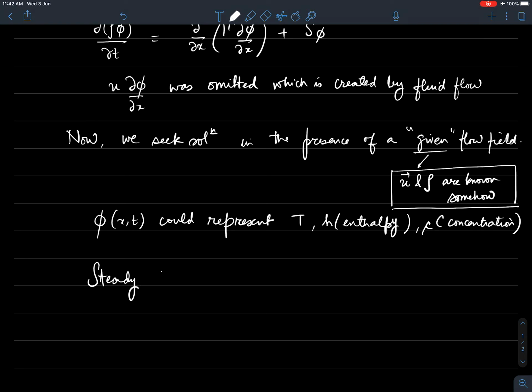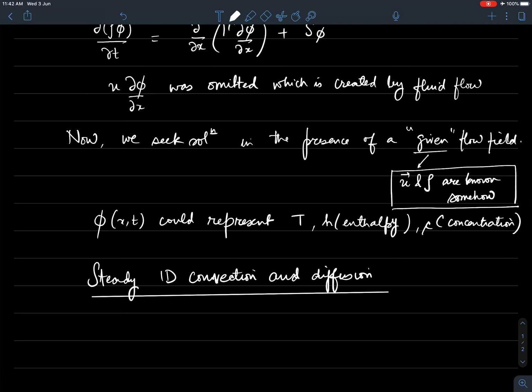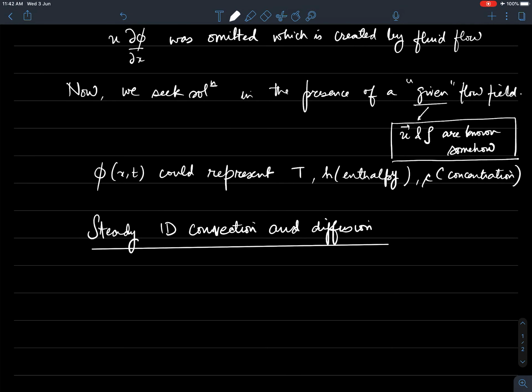So what we'll do is we'll start with a steady 1D convection and diffusion scenario, and let's consider that in this 1D situation we have the source term to be 0.